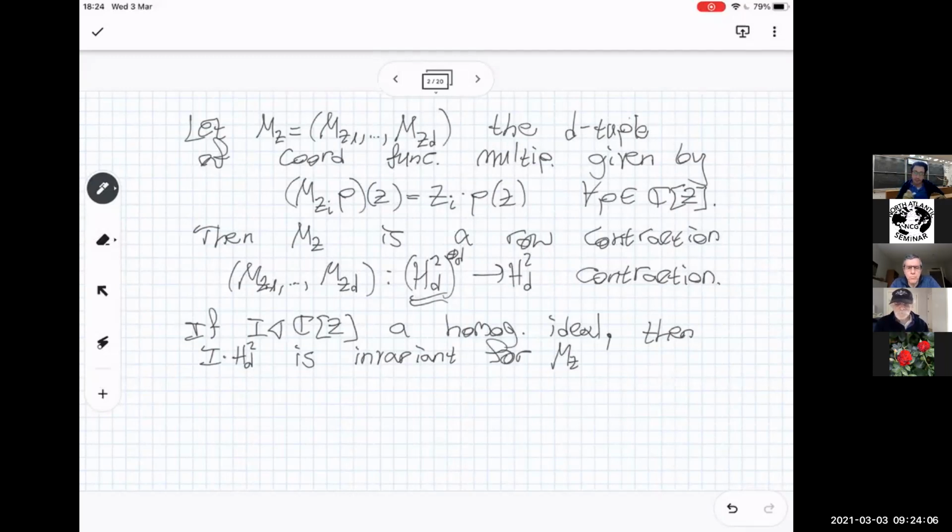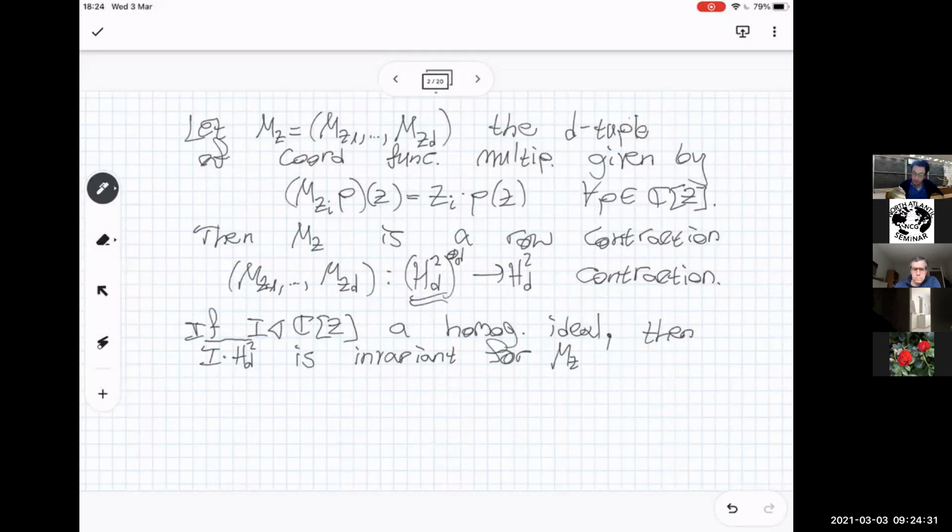Okay. And so whenever you have a homogeneous ideal, then you can multiply this ideal, as functions, by H^2_d. You can close it up and you get some invariant subspace for M_z. Okay. And if you look at the orthocomplement of that subspace, that's a co-invariant subspace for M_z. That means for each one of the M_{z_i}, right?